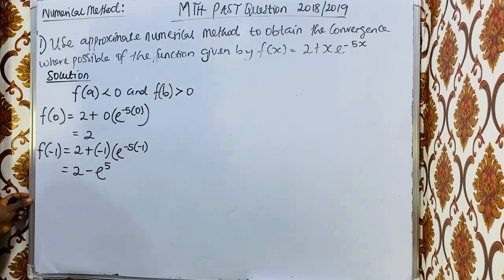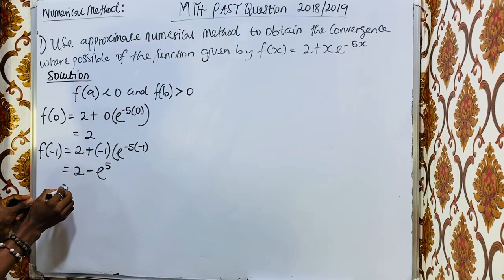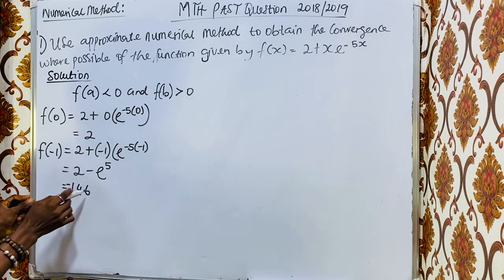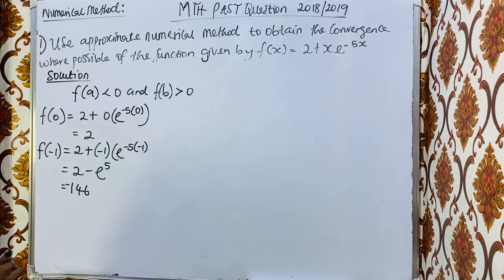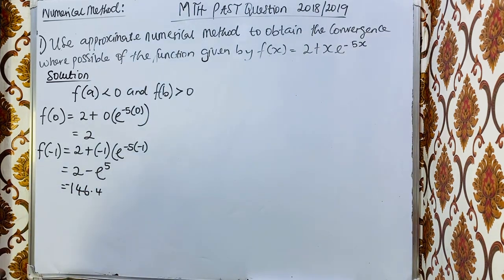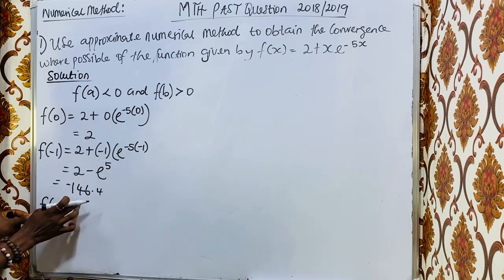I think exponential positive 5 will give us 146 something, point something, I think 4 or 8. So now for f of a we have gotten a positive value and a negative value.